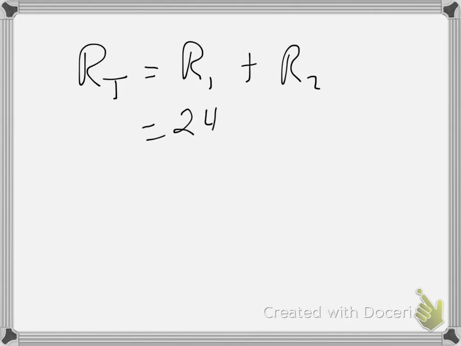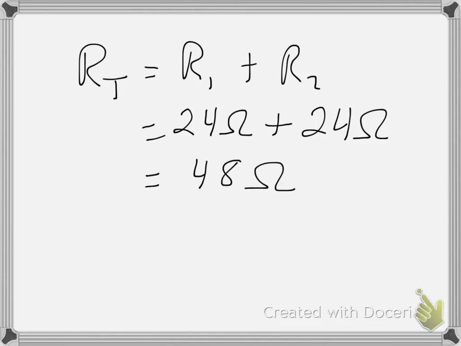First, my R total is just going to be R1 plus R2, as we said before, and R1 is 24 ohms and R2 is 24 ohms. So my total resistance is just the sum of these, and that's going to be 48 ohms. And now what about the current?